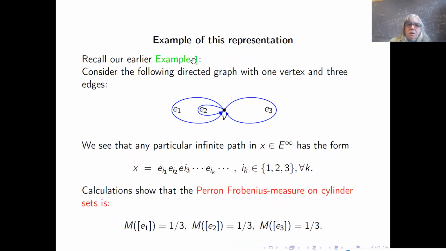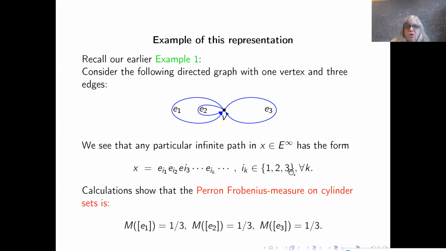Well, let's talk about an example where this, as you recall, gave us our Cuntz algebra O3, our first example, one vertex and three edges. If you have any infinite path in E infinity, it looks like this, where you just have arbitrary choices of the edges here.